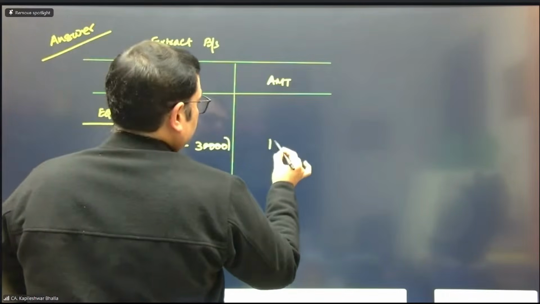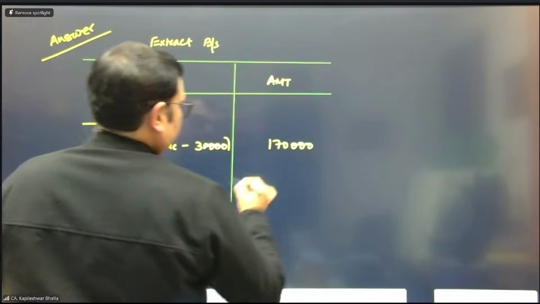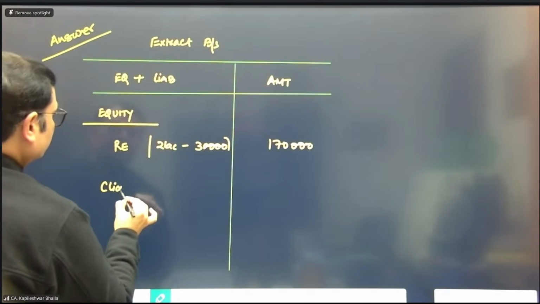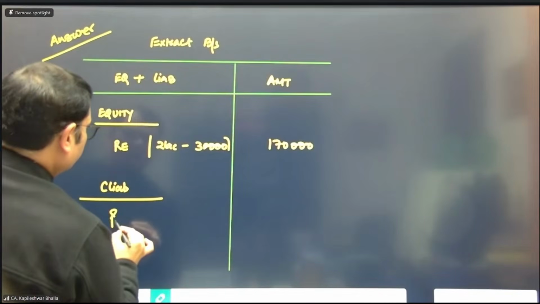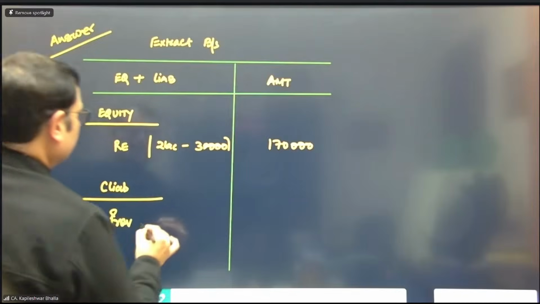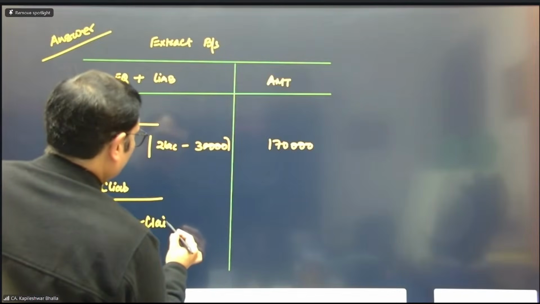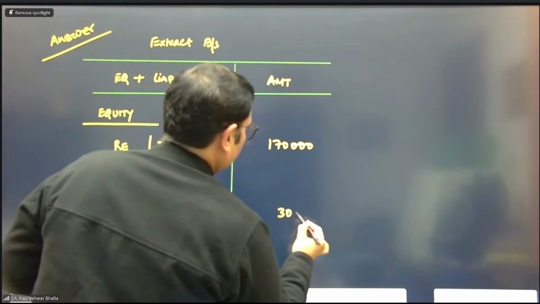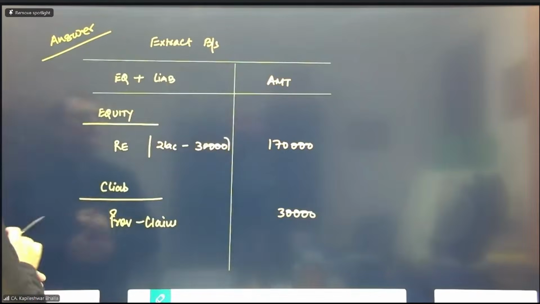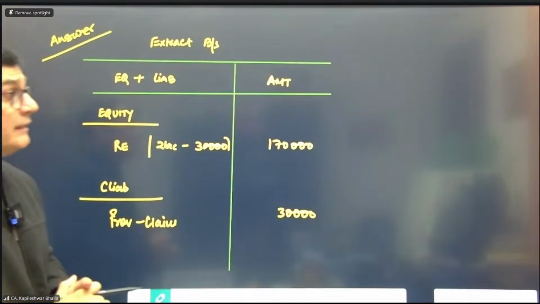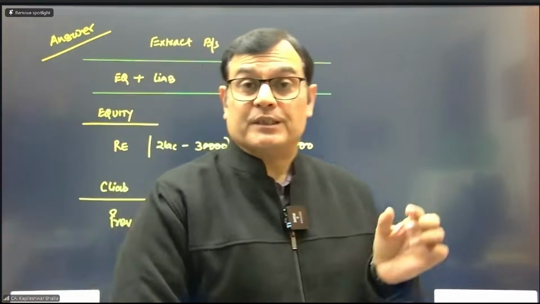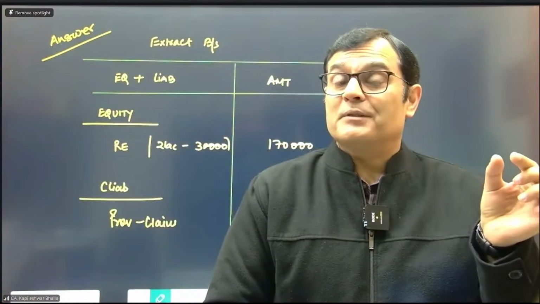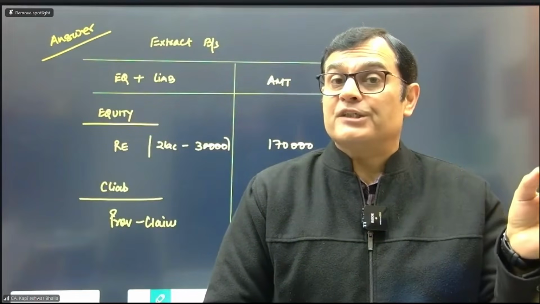So the new retained earnings is 170. And we make the changes on the current liability. We create a provision for the claim, and the provision for the claim is supposed to be 30,000. So indirectly, if you ask me the journal entry in this case is RE gets a debit and the provision for the claim gets a credit.